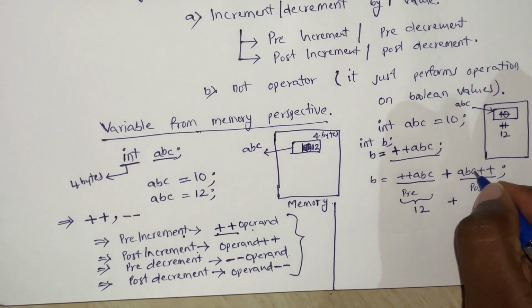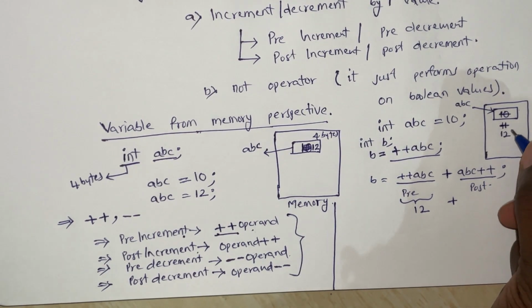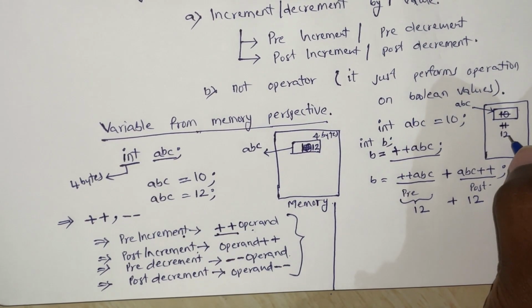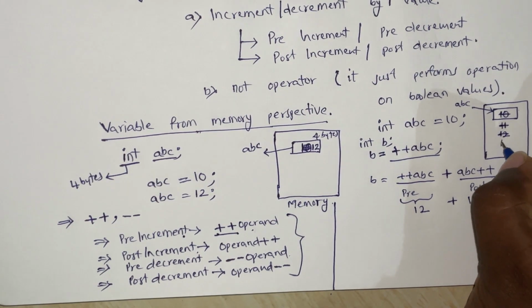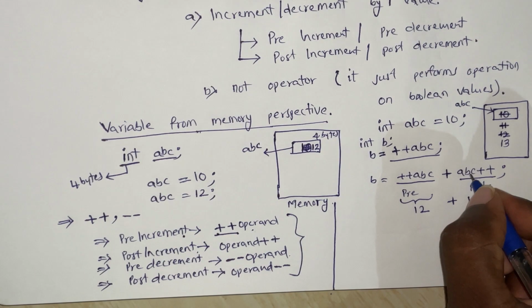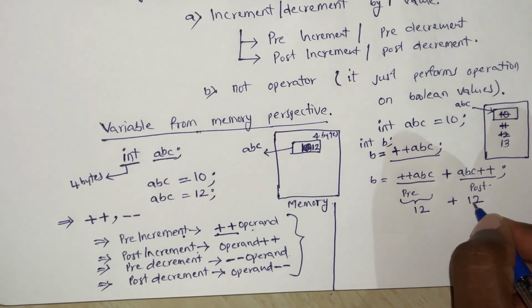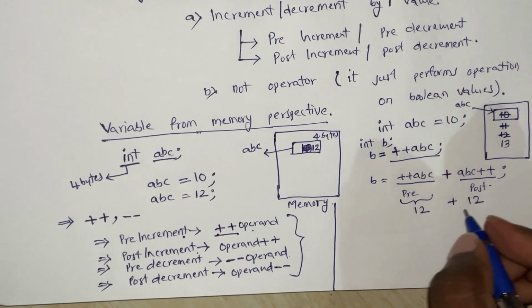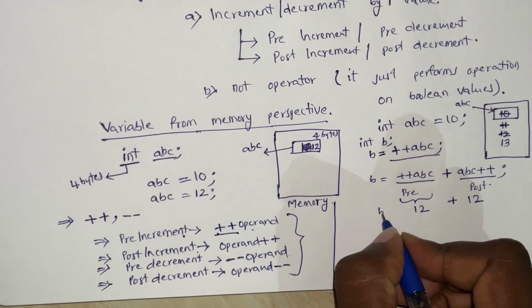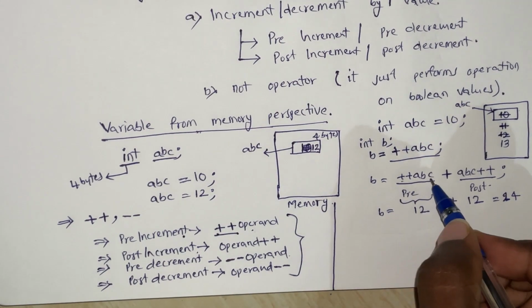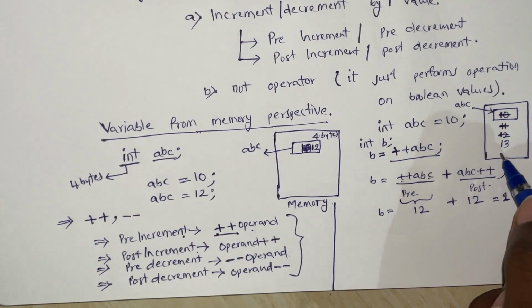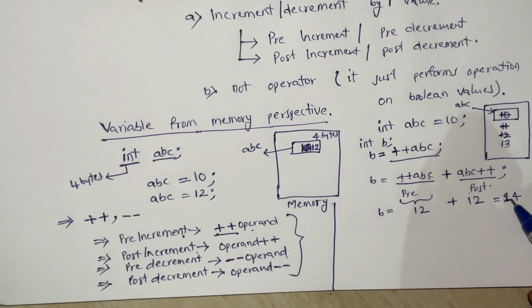That means first get the value present in memory, that is 12, and then increment the value by 1. So 12 is removed and 13 is put. That means the abc value is first taken and then post-incremented by 1. So finally b is going to store 24. You got it right? Pre-increment means first increment and then get the value. Post-increment means first get the value and then increment.